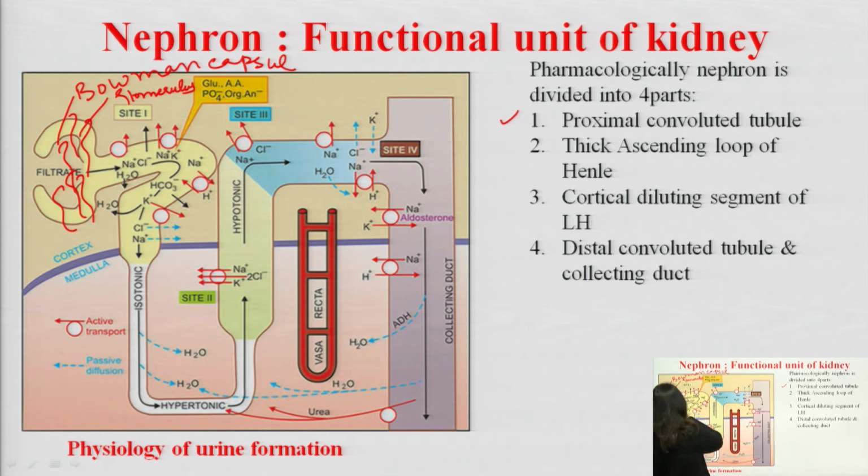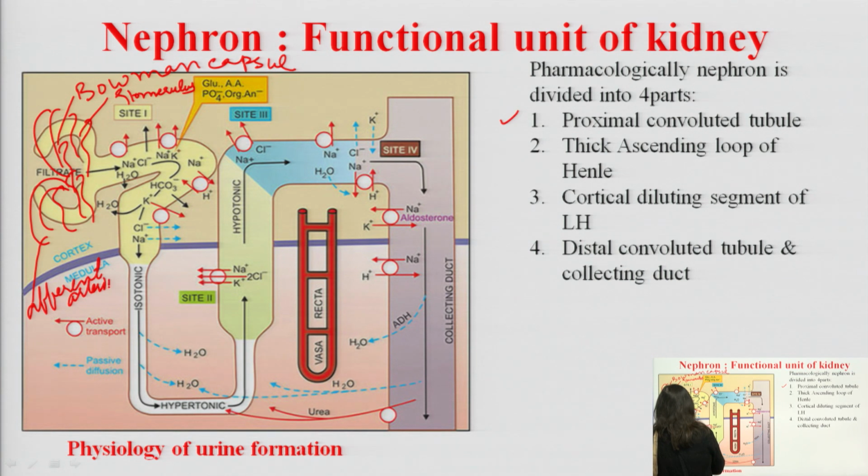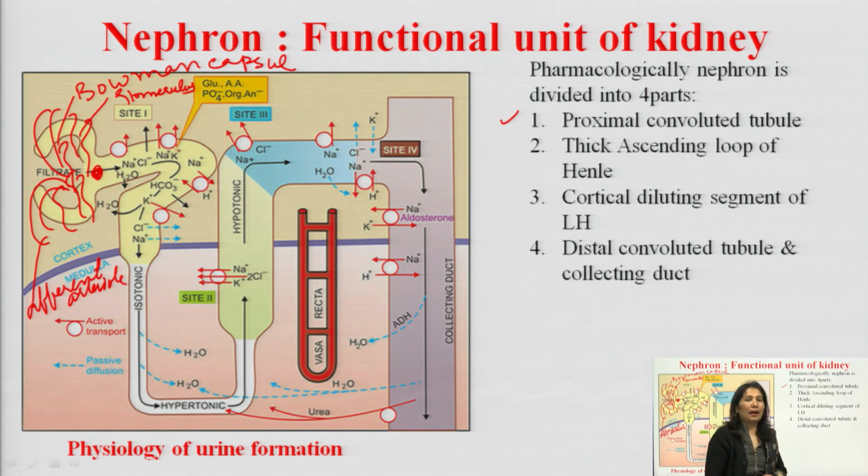As soon as blood enters through the afferent arteriole, it gets filtered. Blood gets filtered through this network of capillaries, and the filtrate comes here in the capsule and then enters the renal tubule.